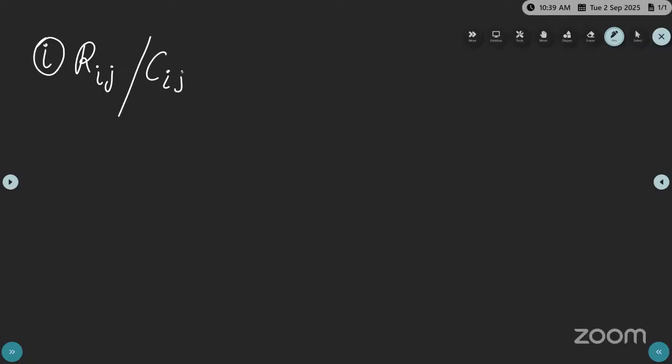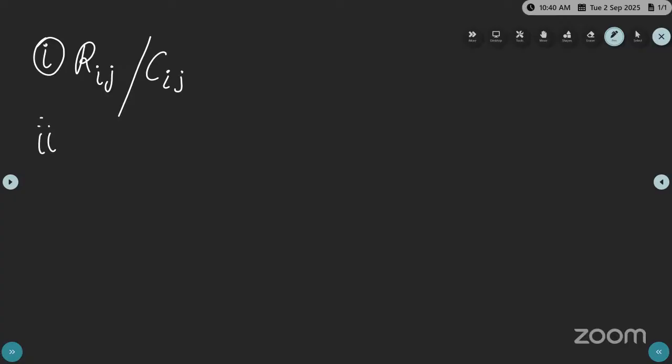Or interchanging ith and jth columns. Amma, you have to interchange row to row or column to column, not row to column or column to row. Is it clear? Say yes or no.